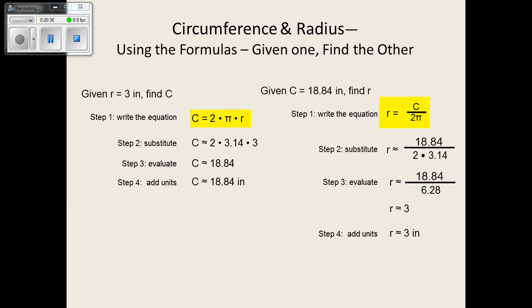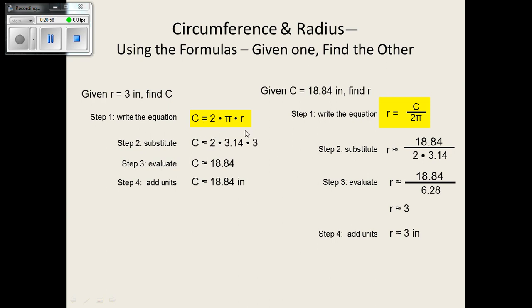Using the formulas, given one, find the other. So if we are given the radius, asked to find the circumference, this is the equation we will write. We'll show the substitution. They give us 3 for r. We're going to use 3.14 for pi, so we change that equals to approximately equals.